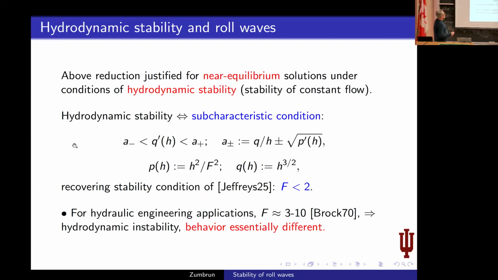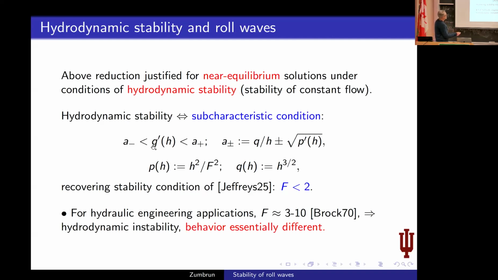Okay, so it turns out by basically Fourier analysis and just linear algebra, you find that this is equivalent to what's called the subcharacteristic condition. So the full model, the isentropic gas dynamics, on the left-hand side has characteristic speeds lambda plus and minus, which are u plus or minus the sound speed, exactly the same as the previous lecture.